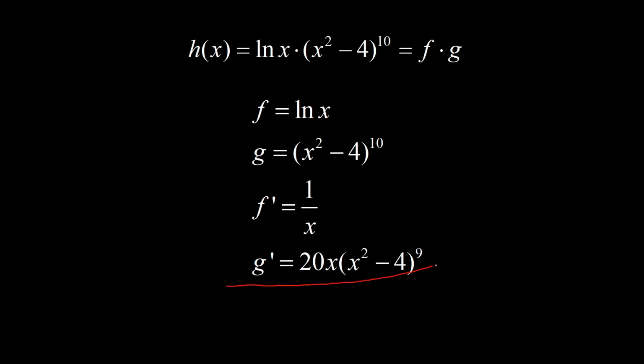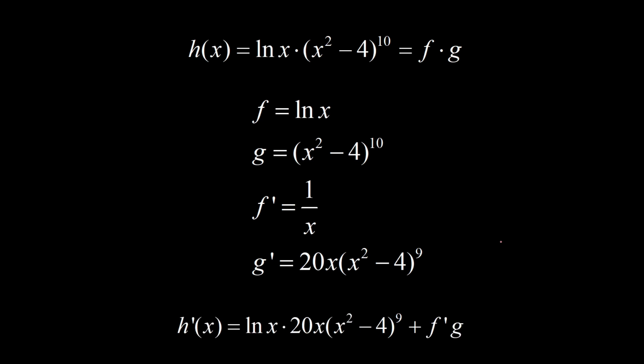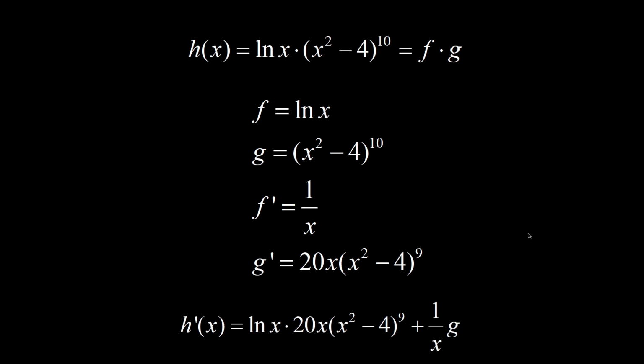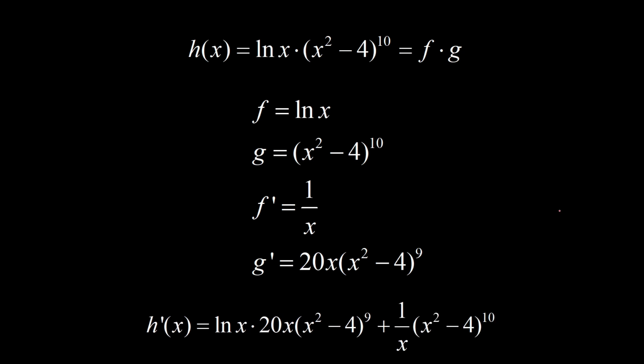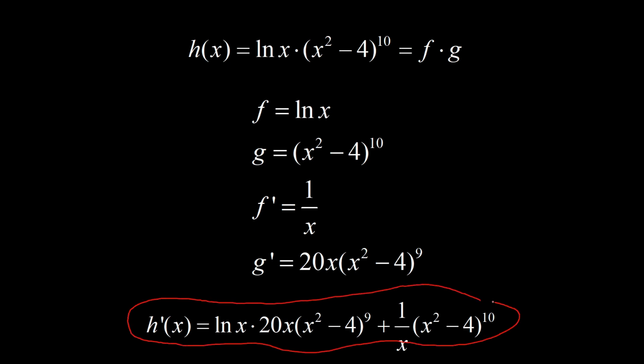And now that we have these 4 pieces, we can now do the product rule. And so we'll just plug our stuff in. F, G prime, which is what we just did the chain rule on, F prime, and then G. After we've plugged everything in, we'll try to clean it up.